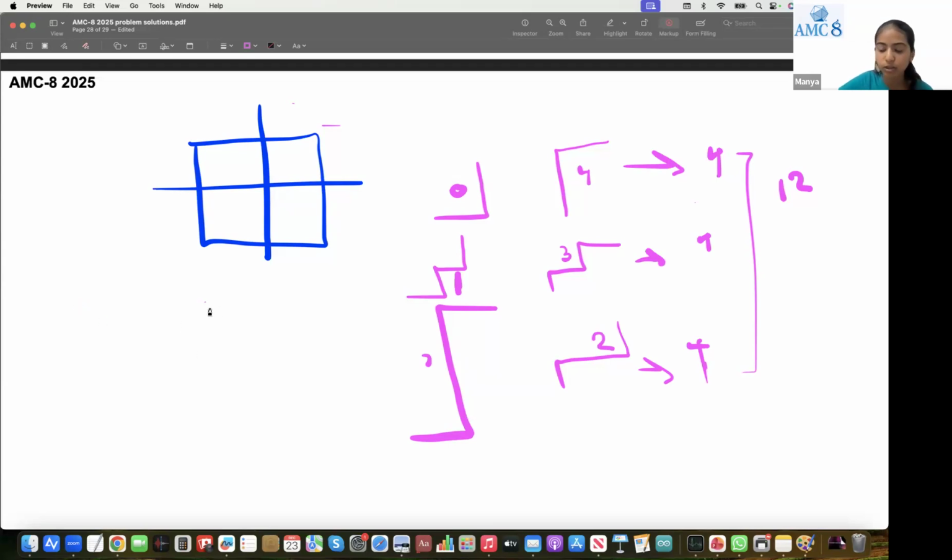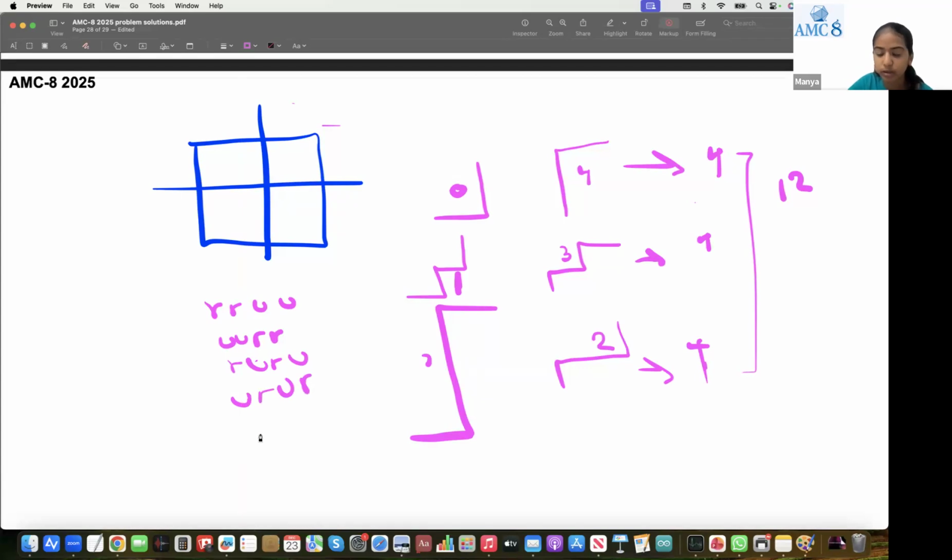So there's right, up. We do that over there. There can also be up, right. There could be right, up, right, up. There can also be up, right, up, right.